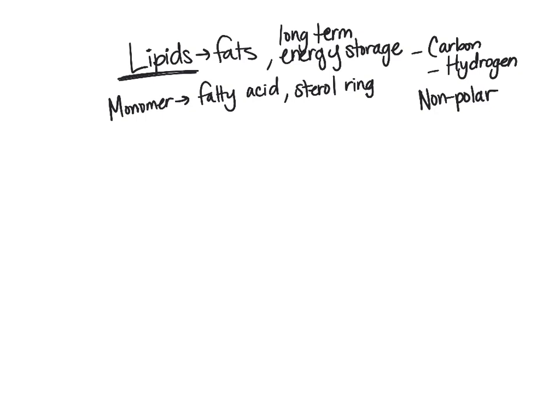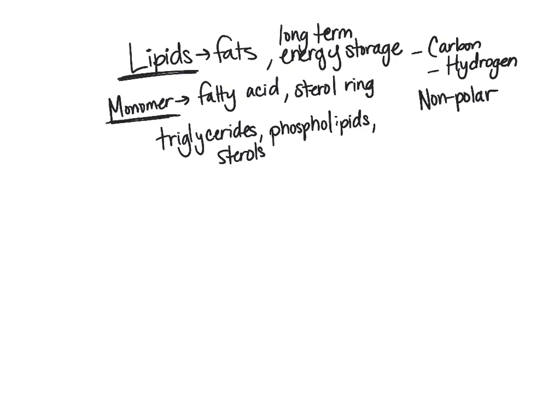So we have our three categories of lipids that we're going to take a look at. So we'll take a look at our triglycerides, our phospholipids, and our sterols. So when we talk about our fatty acids, we'll go back to our monomer for a moment, and then we'll look at our monomer and how it relates to each of these different types of lipids, the three types of lipids.